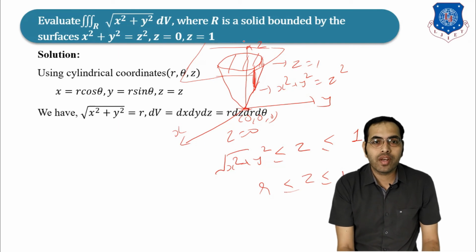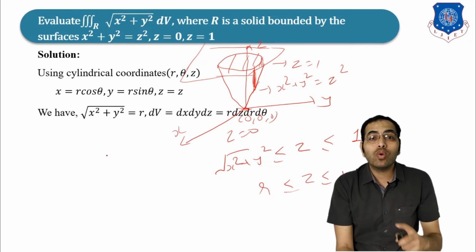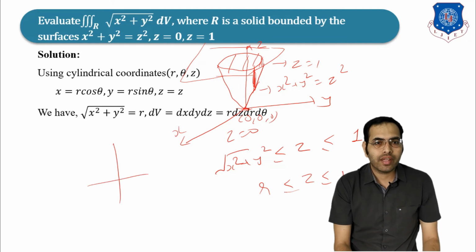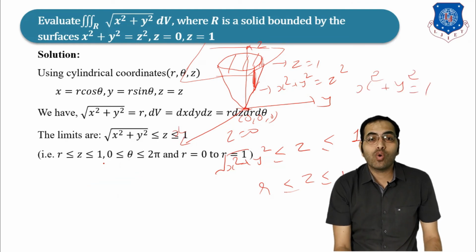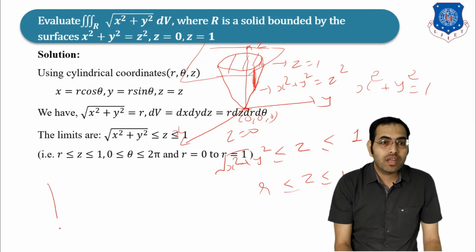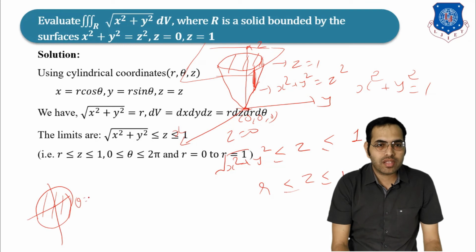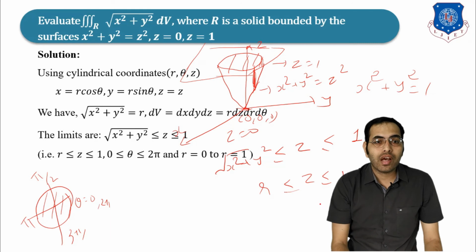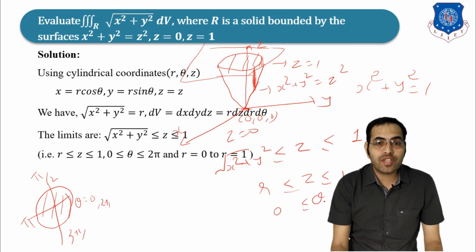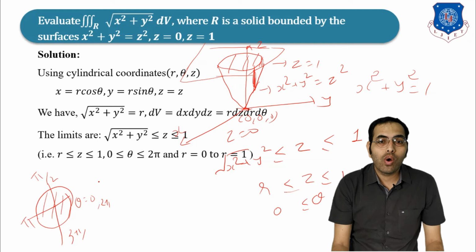Now this region is converted into a 2D polar graph. In the top view it becomes a circle with radius 1 and center 0, 0. The values of theta are 0, pi by 2, pi, 3 pi by 2 and again 2 pi, so theta varies from 0 to 2 pi.